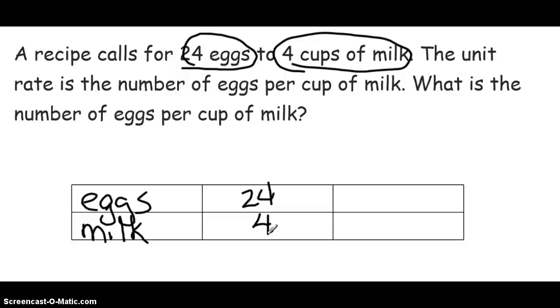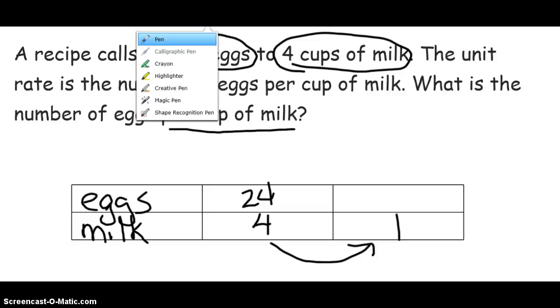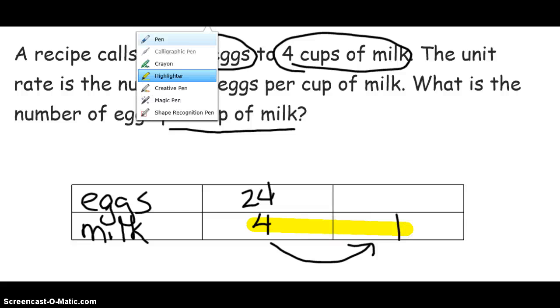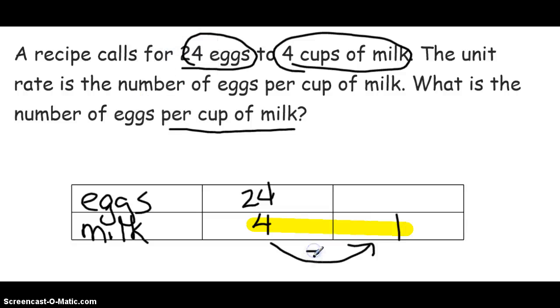Then it wants to know what is the number of eggs per cup of milk, which tells me that my milk column is now going to turn to a number 1. We want to figure out how many eggs there are per cup of milk. So now let's think, how much has that row in our table changed? How much does it change to go from 4 to 1? To go from 4 to 1, we are dividing by 4.